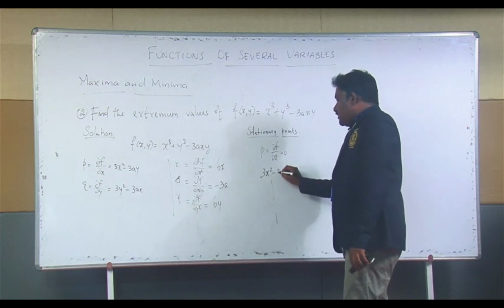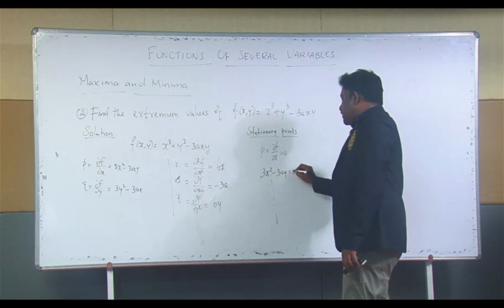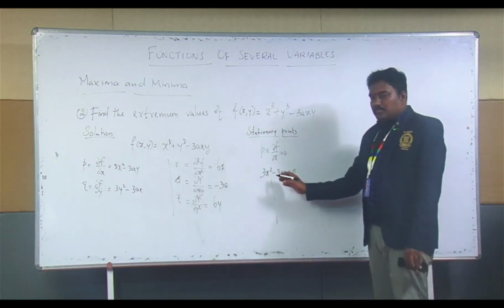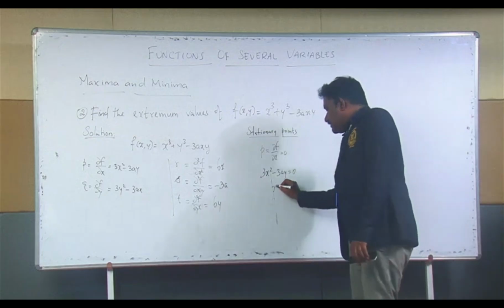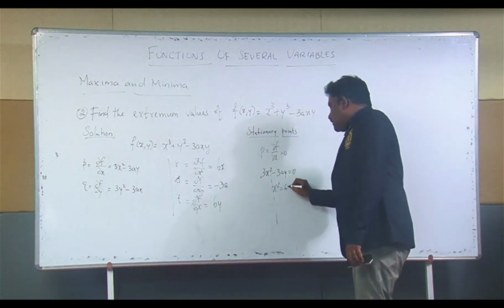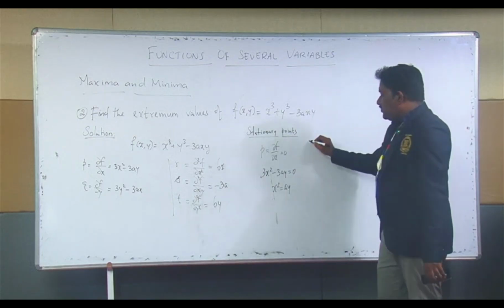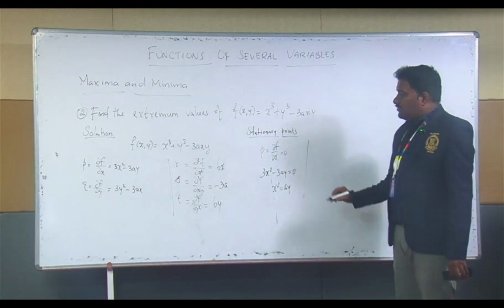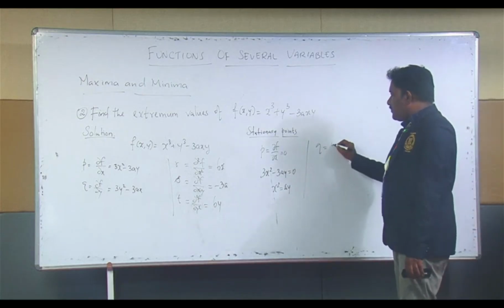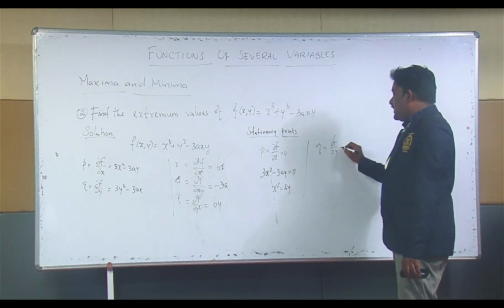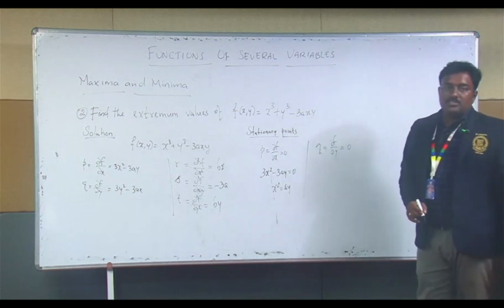So, dou f by dou x is 3x square minus 3ay, that is equal to 0. By simplifying, I can write x squared is equal to ay. On the other side, q equal to dou f by dou y must also be 0.